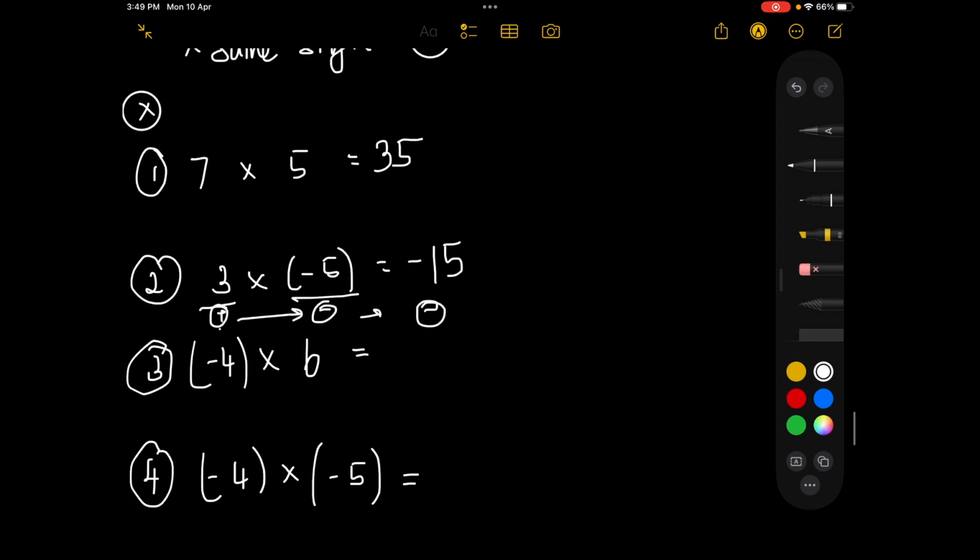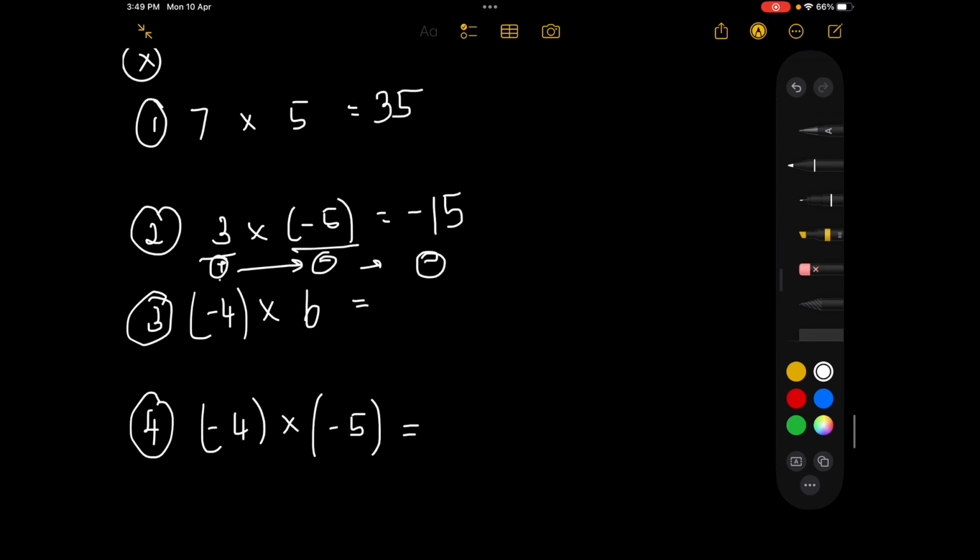As simple as that. For the third question, we have negative 4 times 6. As usual, 4 times 6 is 24. And now for the negative number, is it negative or positive? To figure that out, we write this is a negative number and this is a positive number.